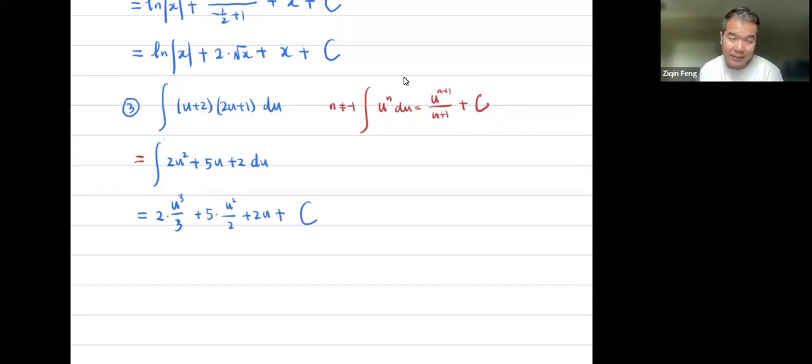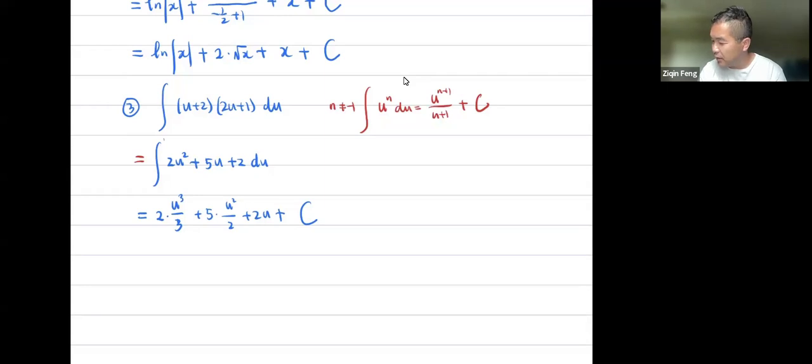So that is the antiderivative of this big product. We have to factor out into smaller terms, and that's a sum or difference. We can split it into smaller integrals, then figure them out one by one, and then add or subtract them. We get the most general antiderivative, right?